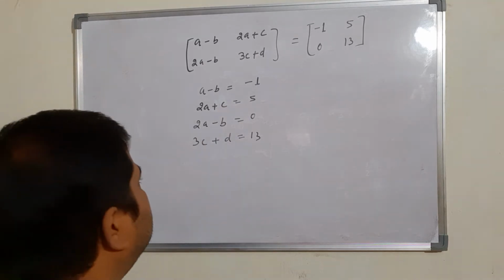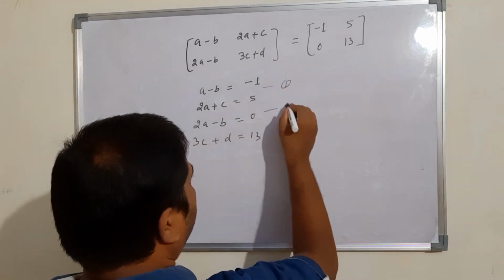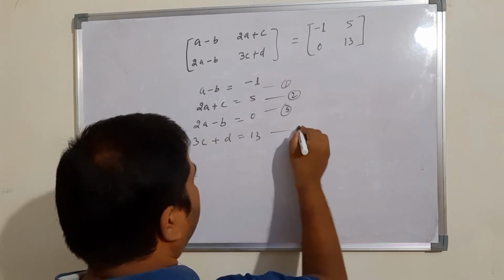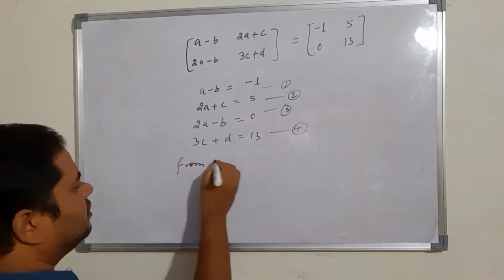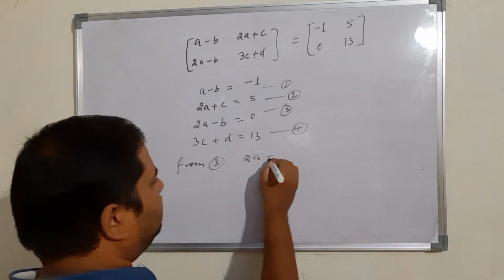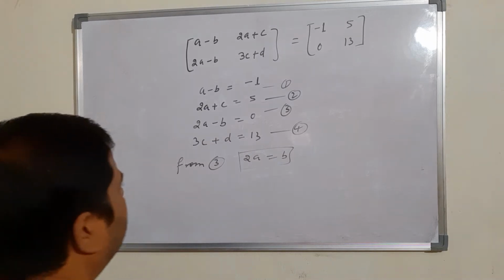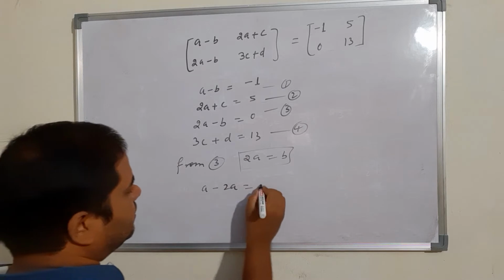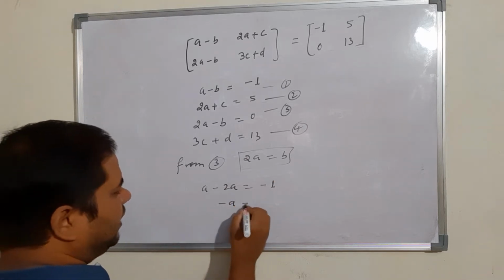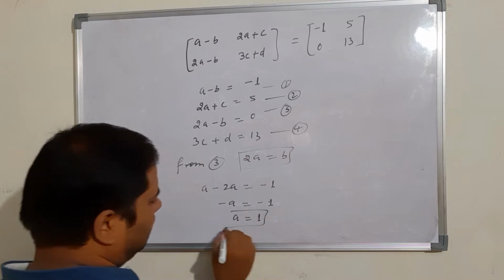So from equation number 3, 2A is equal to B. Put this value in equation number 1 in place of B: A minus 2A is minus 1, so minus A is equal to minus 1. So A will be 1.